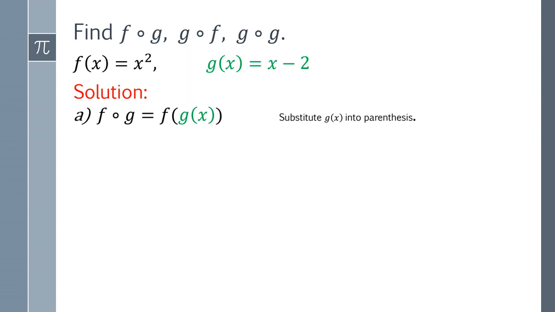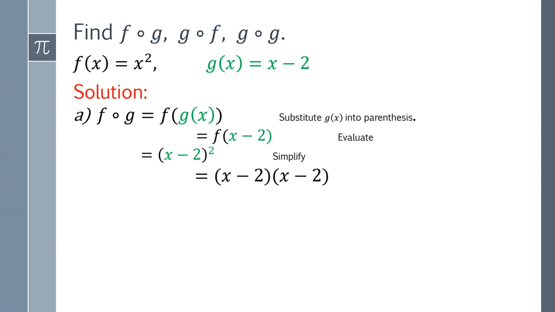So I replace g of x with what it is, x minus 2. Now I'm going to evaluate. Everywhere I see x for the function f, I'm going to plug in this value, x minus 2. So we have x minus 2 squared. So we're going to simplify. x minus 2 to the second power is like having two x minus 2's.